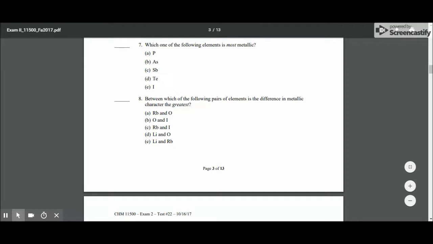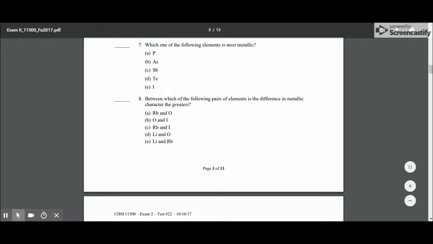The same way I would go with the 3 RBs and the 3 Os. Those are the most likely, and just like number 1, we see 2 RBs on the left side and 2 Os on the right side. So I would go with answer A because it has RB on the left and O on the right.